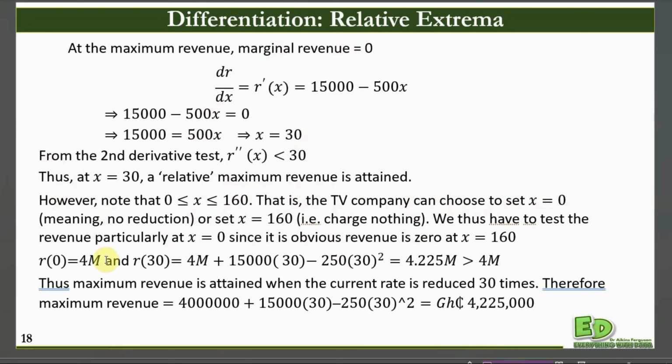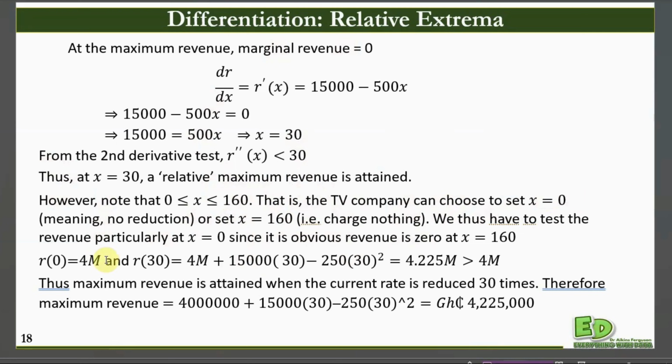If you consider the 30 that you calculated, that you are saying that if you reduce it by 30, that will give us the maximum revenue, and we've confirmed that by doing the second test, you are going to get what? 4 million. Okay, plus this, and that should give you 4.225 million.